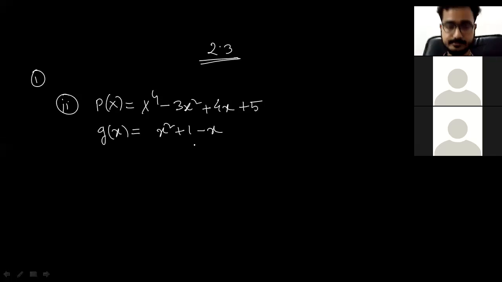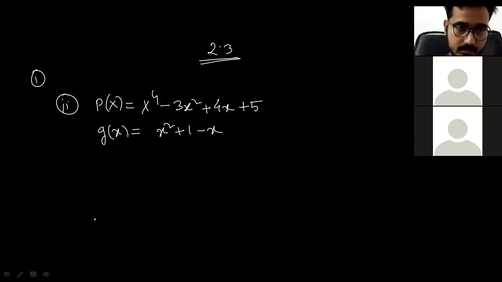Now in the question it is given that you have to divide the polynomial px by the polynomial gx. I am going to do the division on the next page.